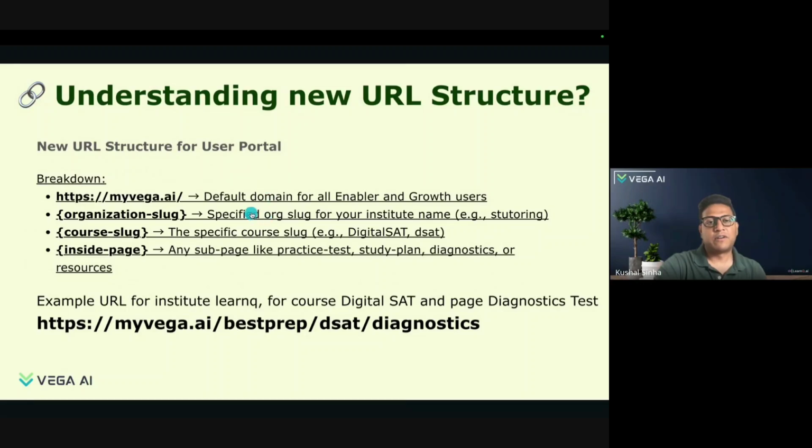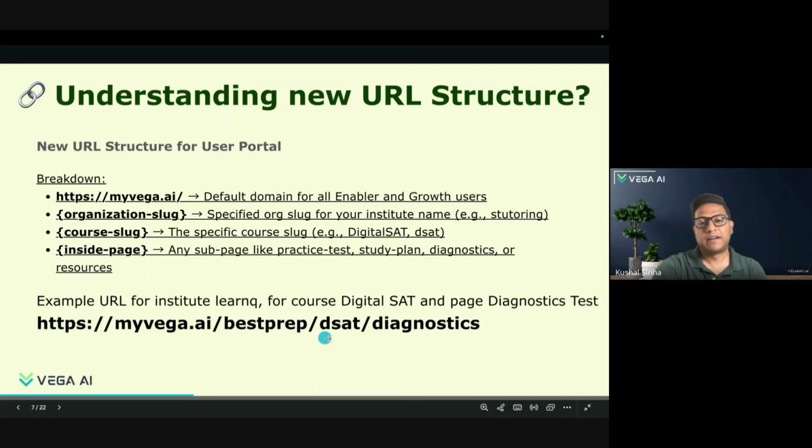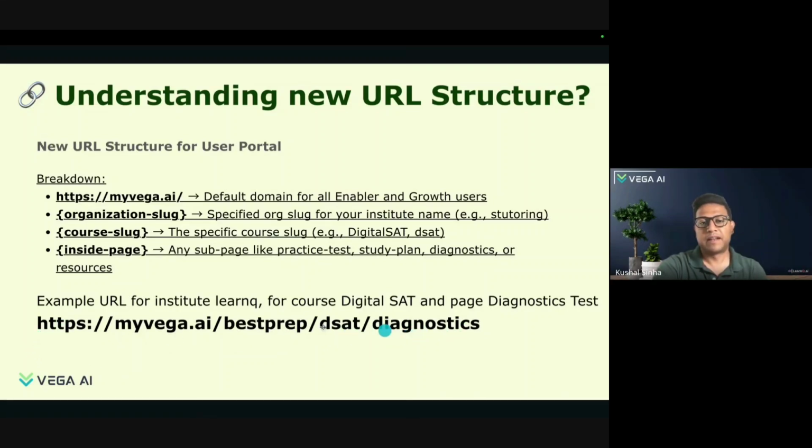Again, I just wanted to show you how the whole portal URL structure will probably look. One thing Vega does on the platform: if you redirect anybody to something like myvega.ai/bestprep/DSAT, which is the course slug, slash the diagnostic page, whenever they sign in, whatever URL they came with, they get redirected to that particular page.